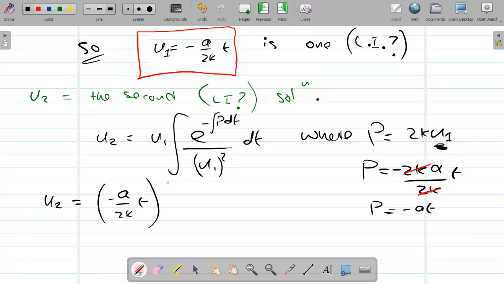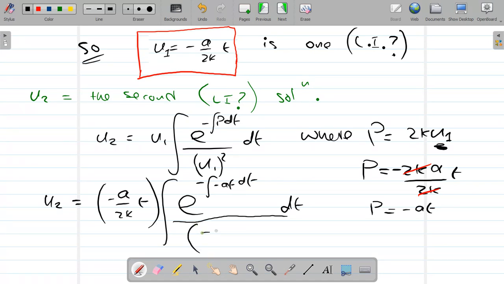There we are. Times the integral of e to the minus the integral of p dt. Well, p is minus at dt, and then all of that exponential is divided by u1 squared, which is minus a over 2k t. There we are.